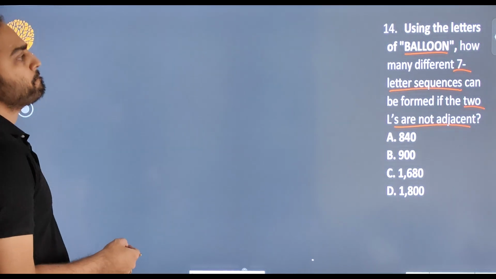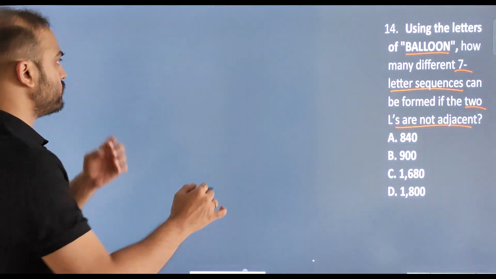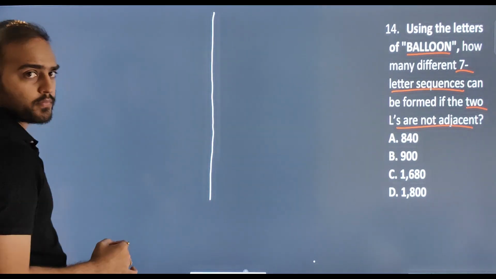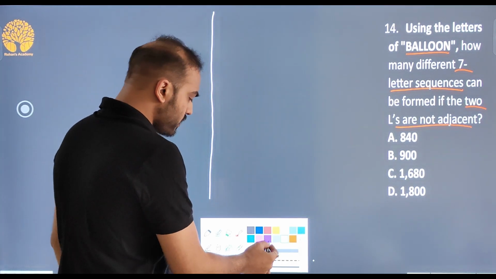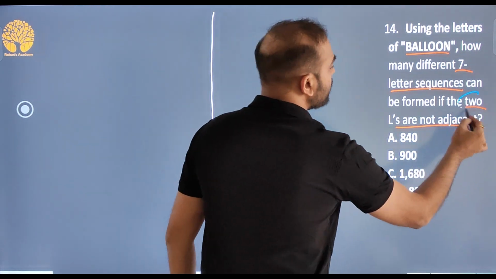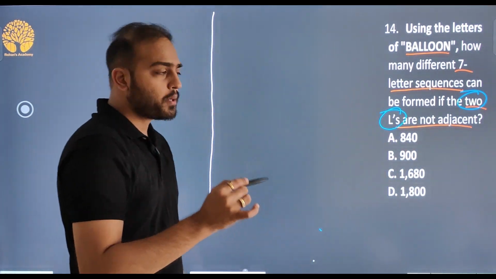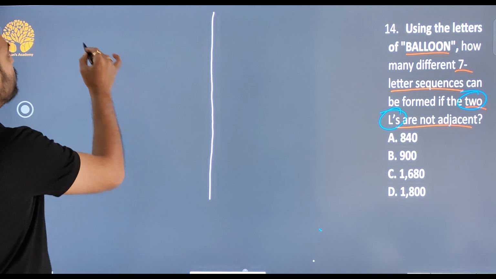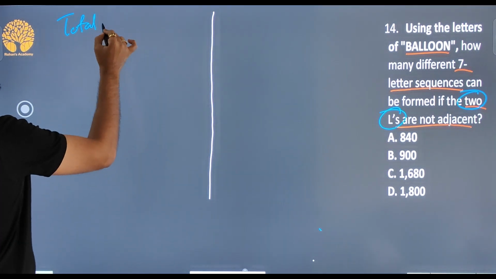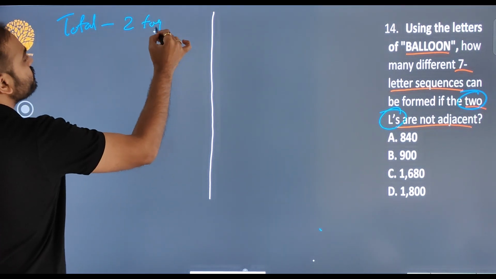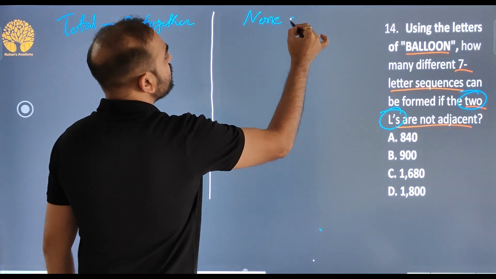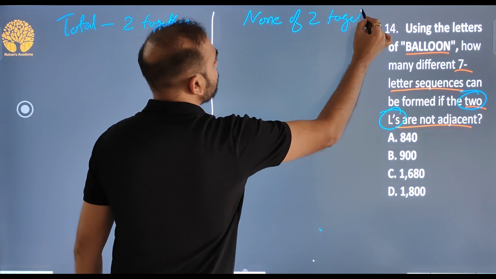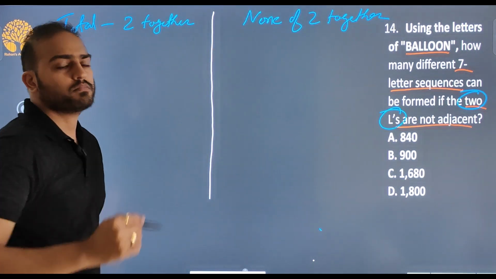Again, let's look at 2 scenarios. Remember this, super important: because we have only 2, you do total minus 2 together, or you do none of the 2 together. They mean the same.